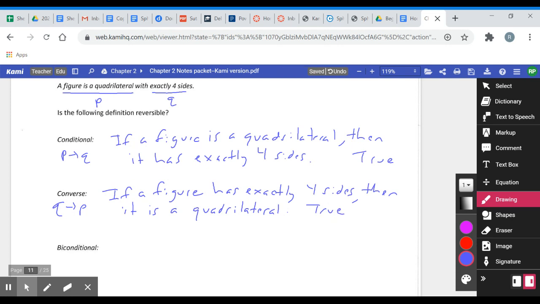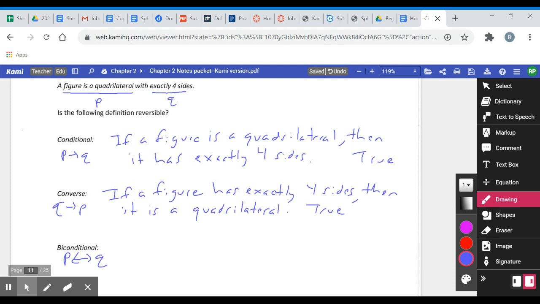And so now, because the conditional and the converse are both true, then we're allowed to write the true biconditional. That is P double arrow Q. And again, to do that, I'm just going to take the if and then out of one of the sentences and put if and only if in the middle. It technically doesn't matter if I use the conditional or the converse to do that. I usually just go to the conditional.